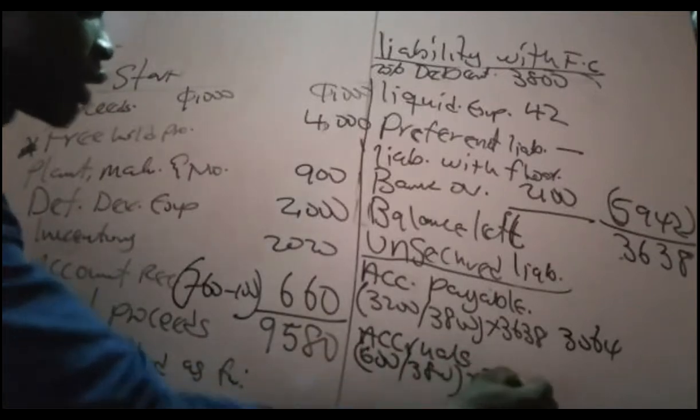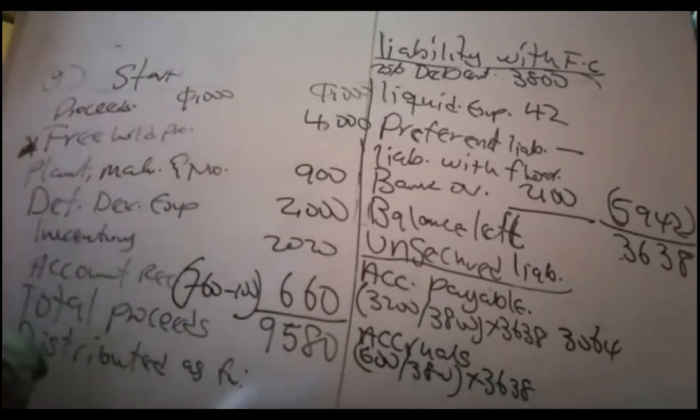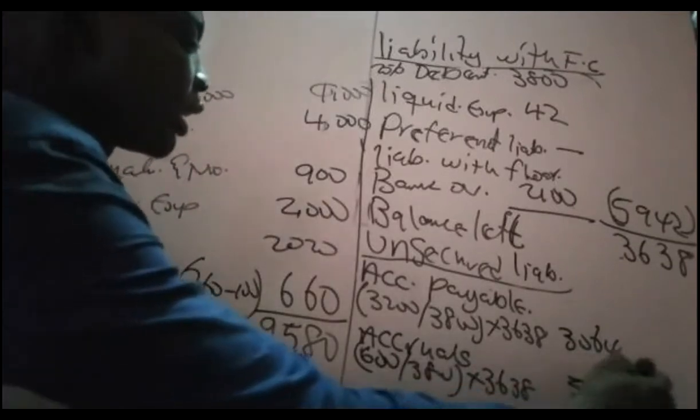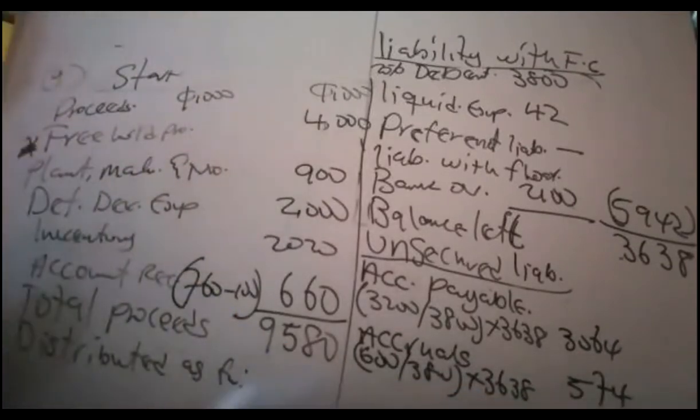We are sharing the remaining balance. Great. And that will be 574. Perfect. So 5, 7, and 4. We are done.